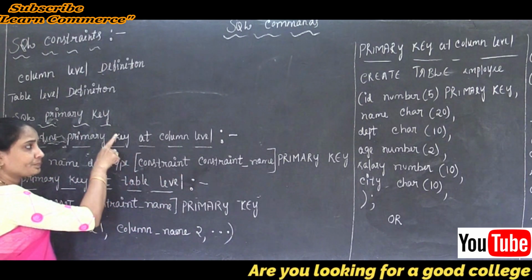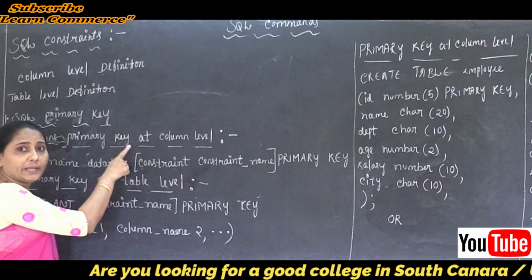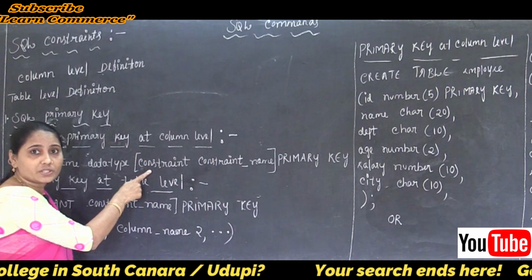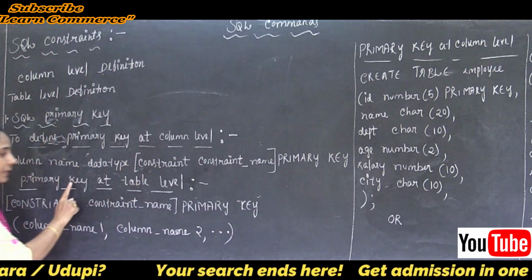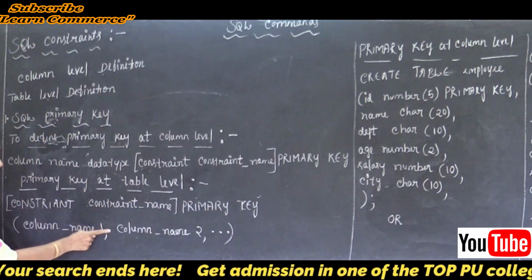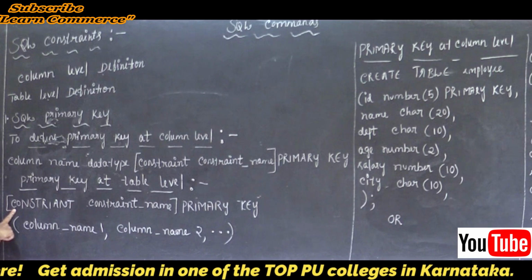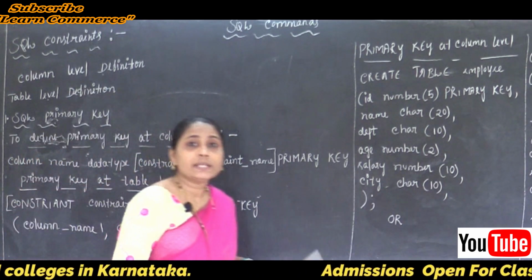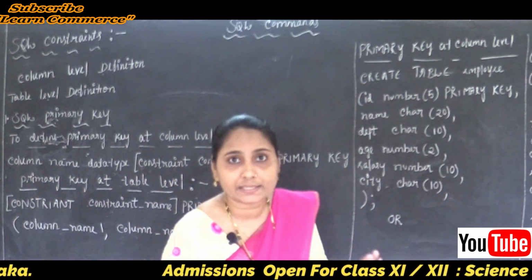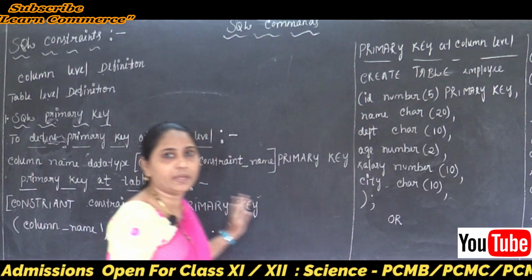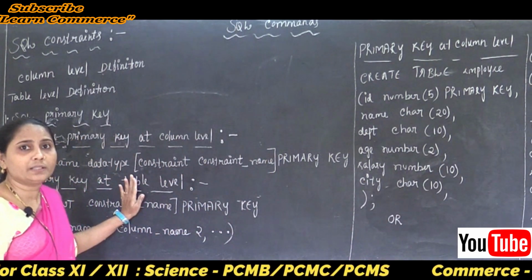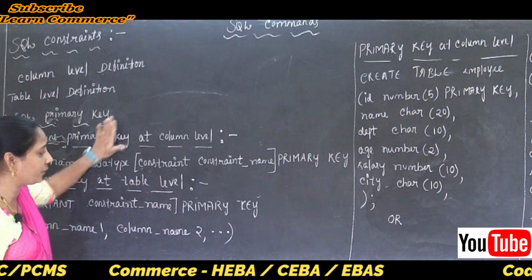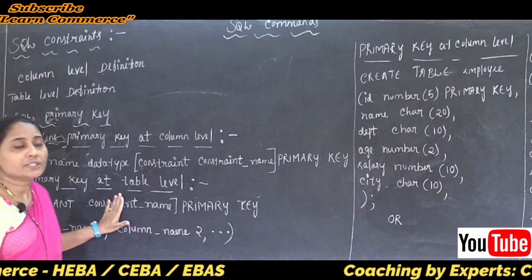Because in our column level also I used constraint underscore name in square brackets, and in our table level also I used it in square brackets. So this syntax within the brackets, the constraint underscore name, is optional. So the syntax is clear for the primary key at column level and at table level.